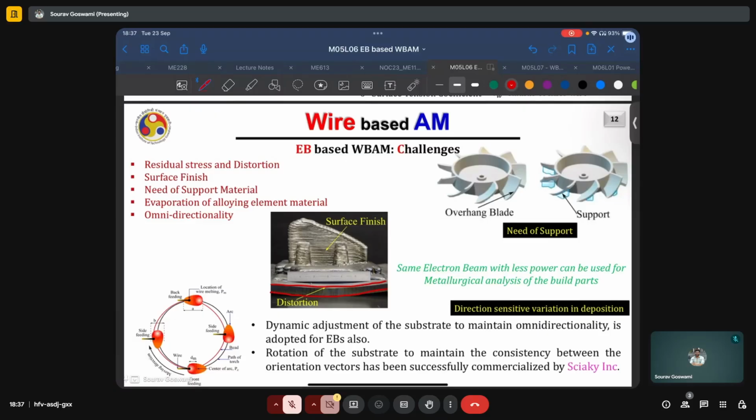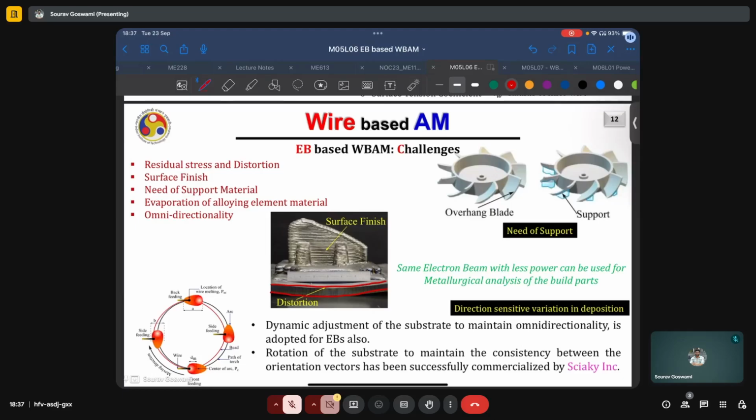Another challenge is the evaporation of alloying element material. The nominal composition of the wire that we are starting with may have a specified composition for the grade of alloy that we are willing to deposit.